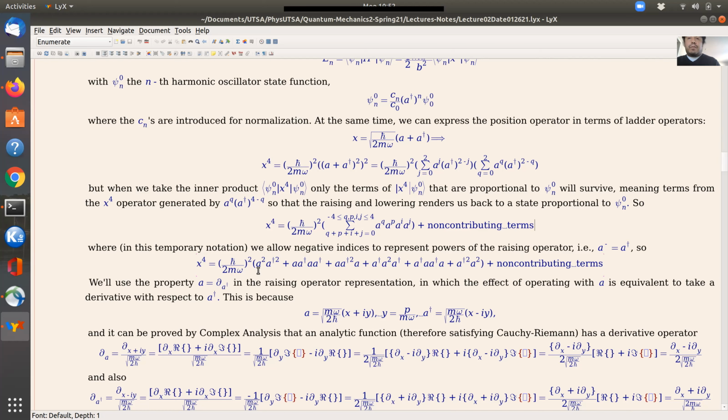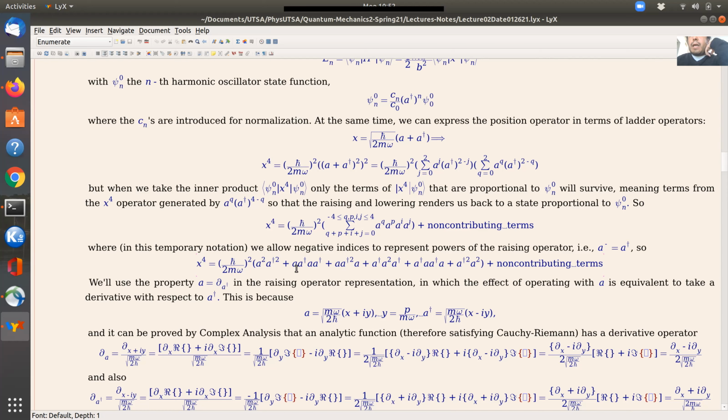So you have two applications of the lowering operator, two applications of the raising operator. Here basically also two and two, but in different order. So this is considering all different ways in which you can apply the raising and lowering, but at the end having a net effect zero.